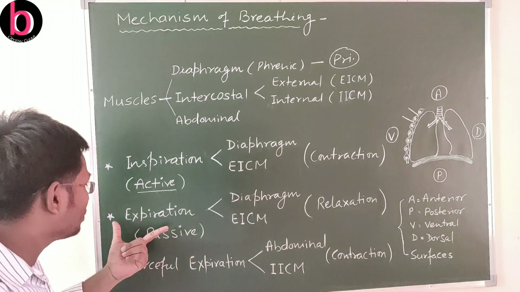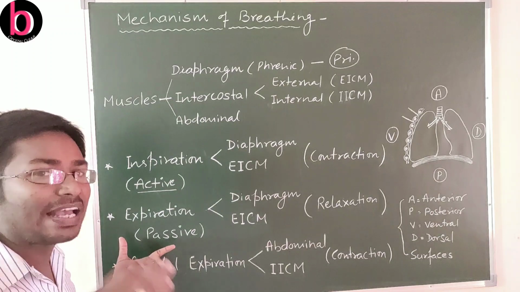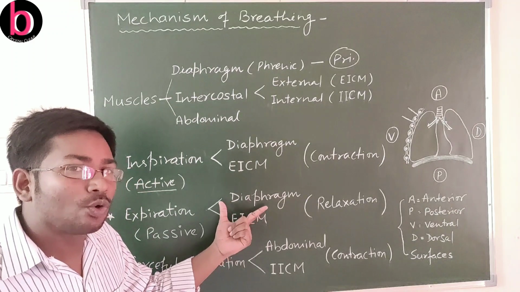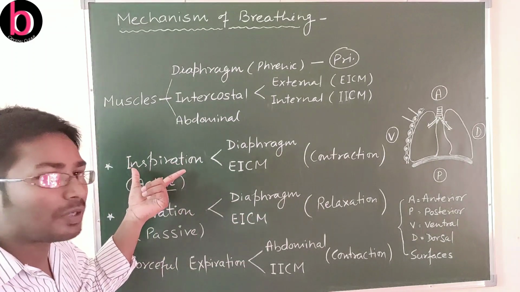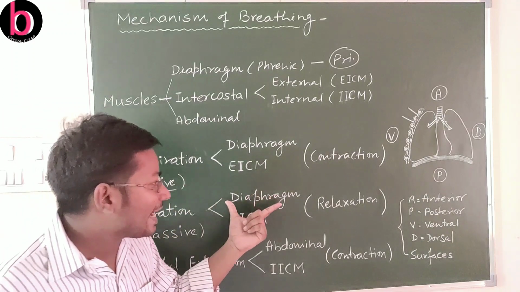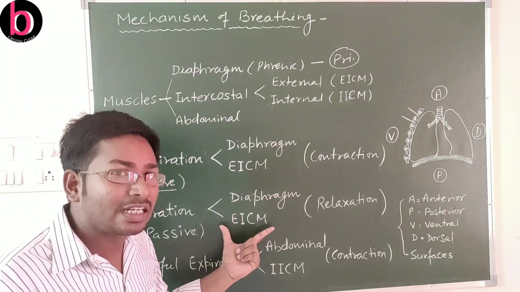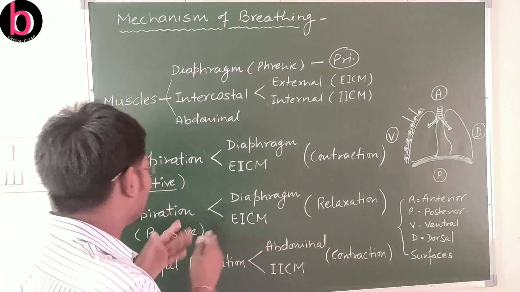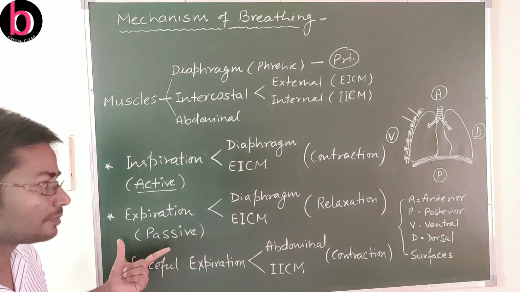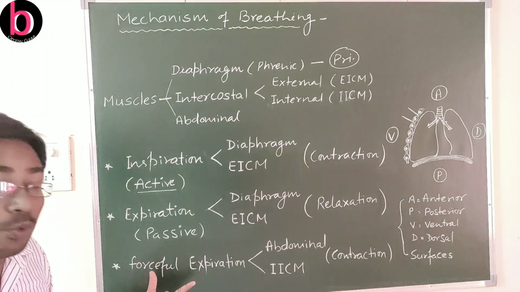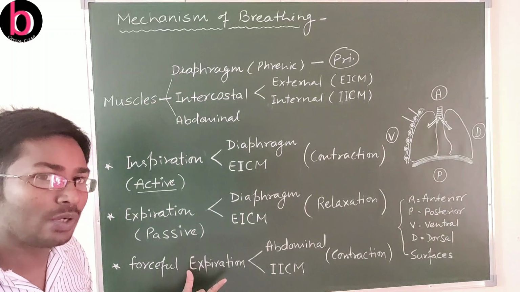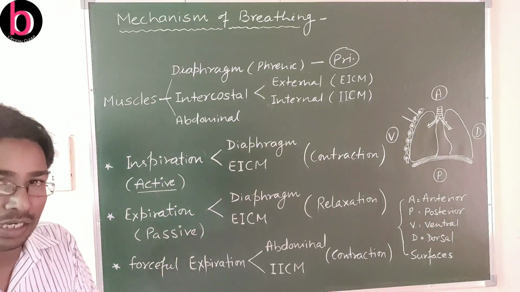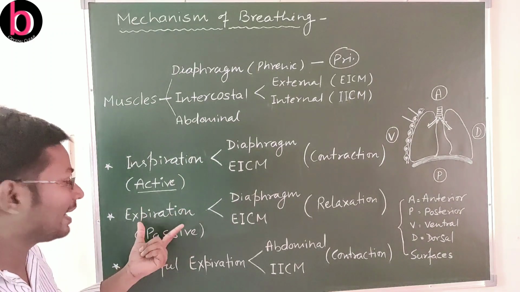Now expiration. Expiration is a passive process. Why? Because during this process the events are just reverted from what was earlier performed during inspiration. So diaphragm as well as external intercostal muscles are getting relaxed now, and that's why this is a passive process. Now sometimes there may be forceful expiration. Forceful expiration means we are forcefully trying to remove air from our lungs, compared with normal expiration.